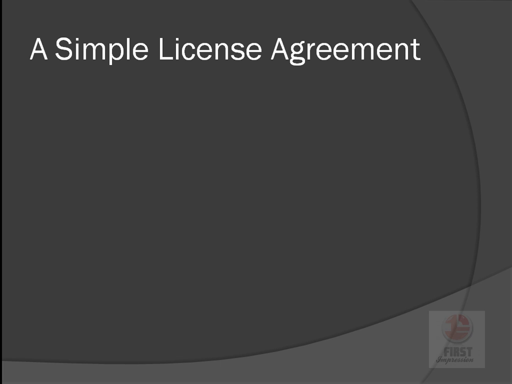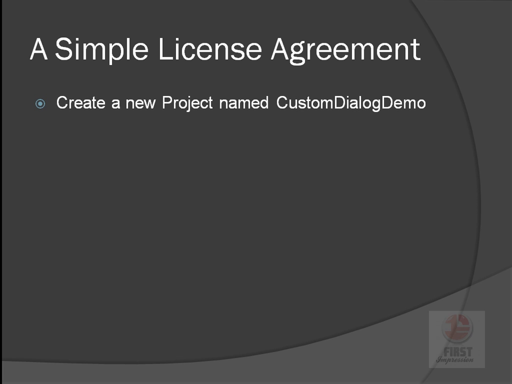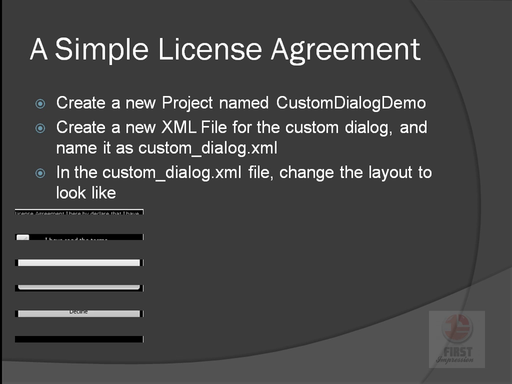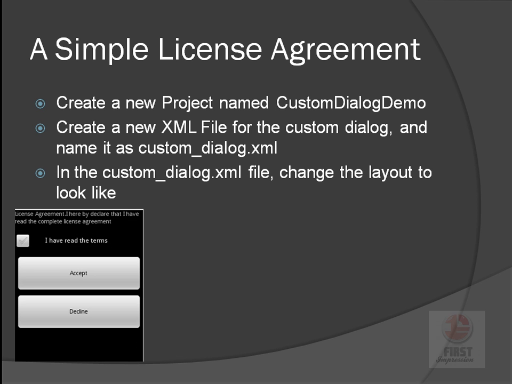Let's do it with the help of a simple license agreement. We have to create a new project named custom dialog demo and create a new XML file with the name custom-dialog.xml inside the layout folder of the project. You have to make the layout like this. We have 4 controls over here.